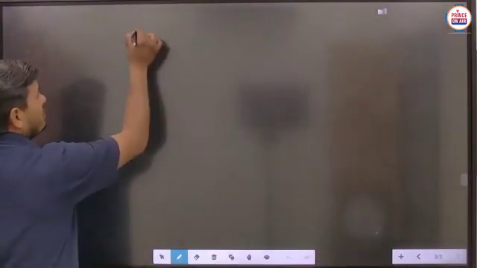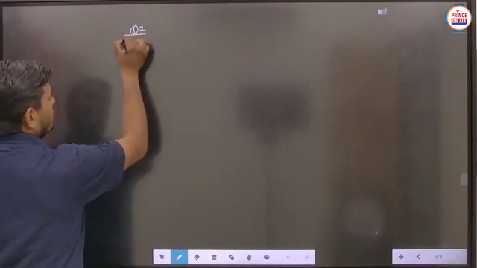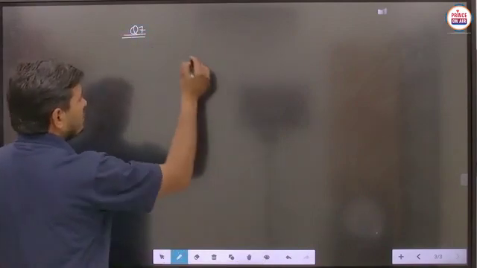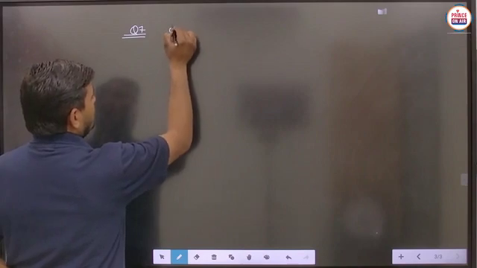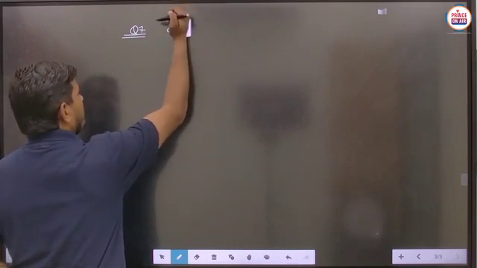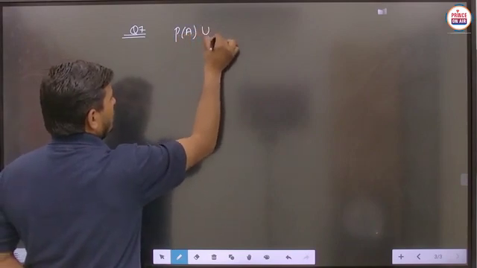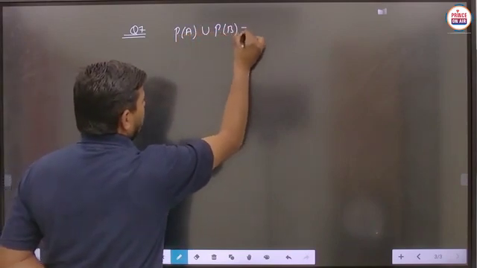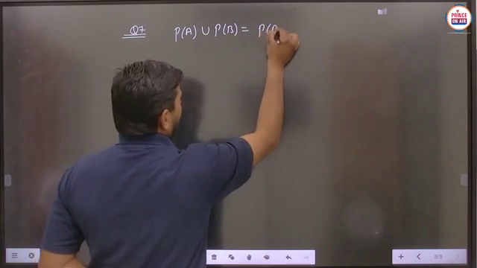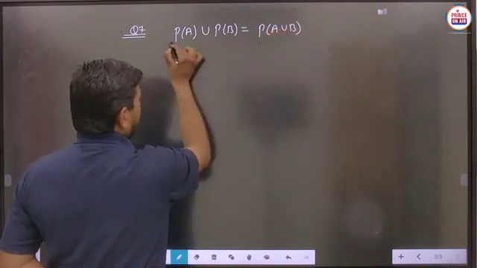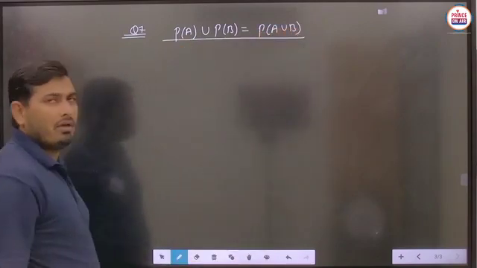In this question, we have to check the result: power set of A union power set of B equals power set of A union B. We have to check whether this given result is true or false.